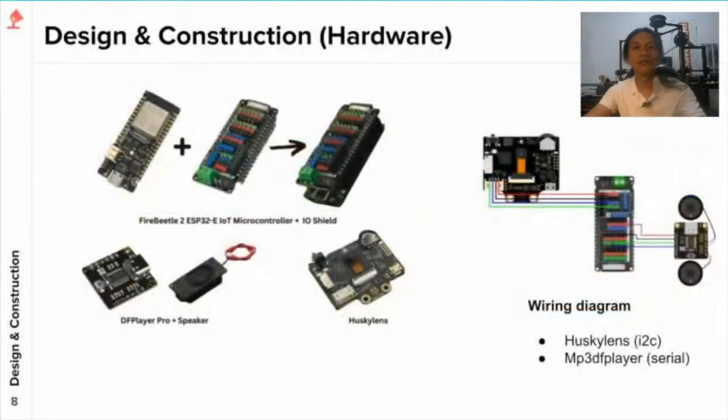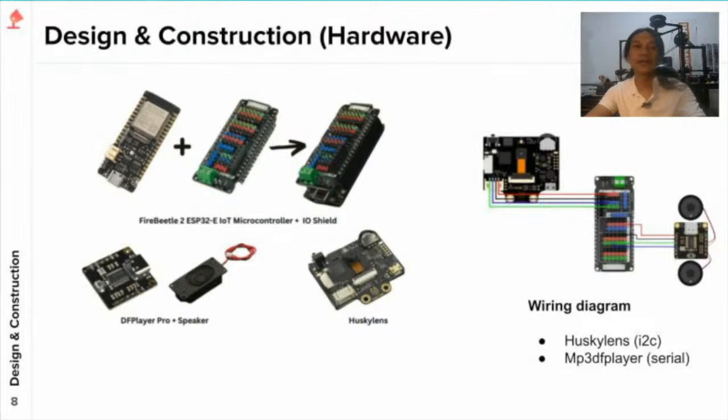For hardware, I only use FireBeetle ESP32, IO Shield, and I want to make a sound MP3 notification, so I use the DFPlayer Pro complete with a speaker. And also HuskyLens to learn my toolkit on the backboard.